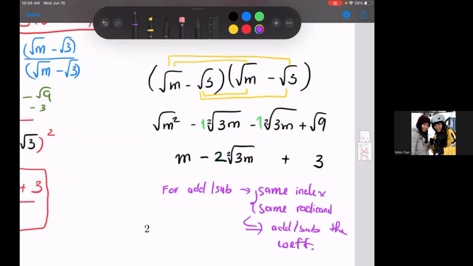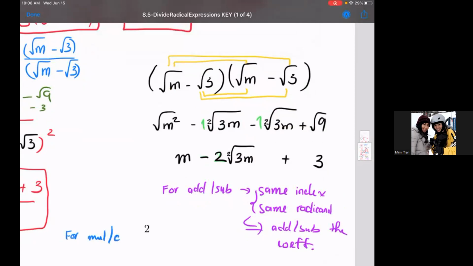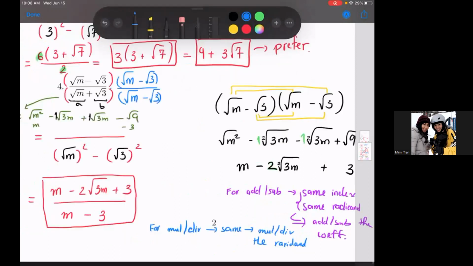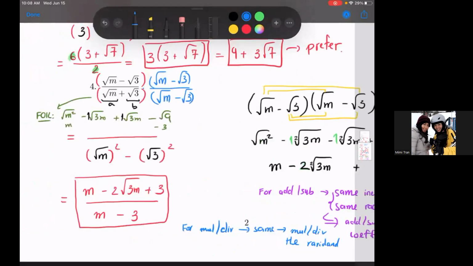For multiplication and division, all you need is the same index. Then you can multiply or divide the radicands. Does that make sense? You still leave the index intact. I guess that's the answer to your question. Thank you for asking.